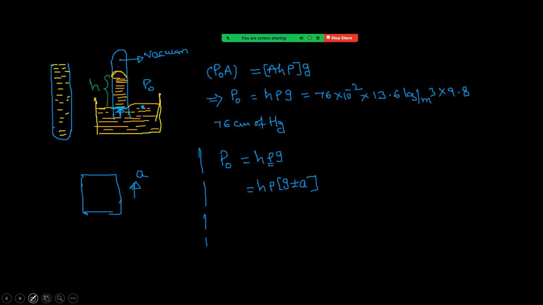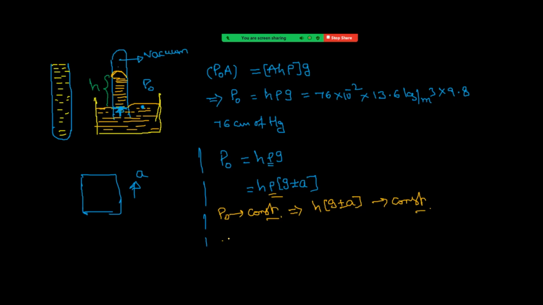So since P naught is a constant, H into rho into (g plus a) is a constant. That implies H into (g plus a) is a constant because rho is a constant.